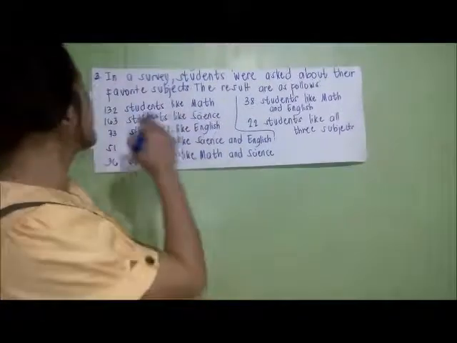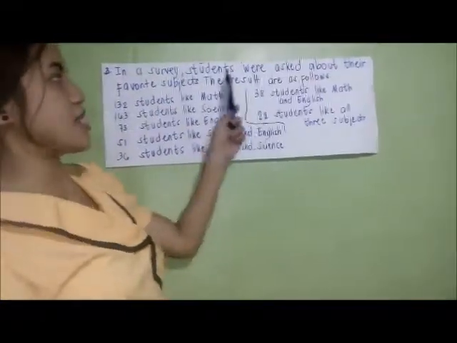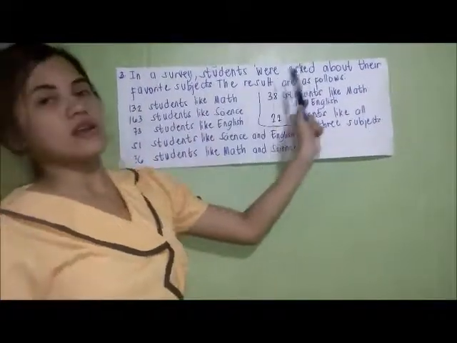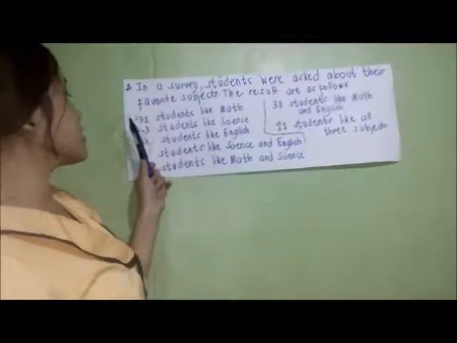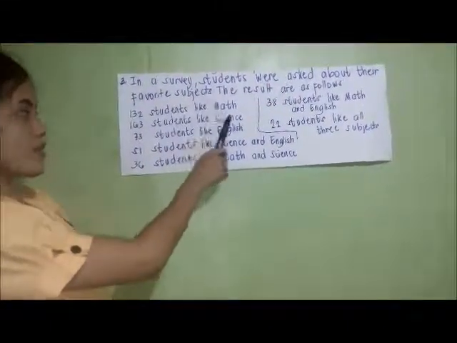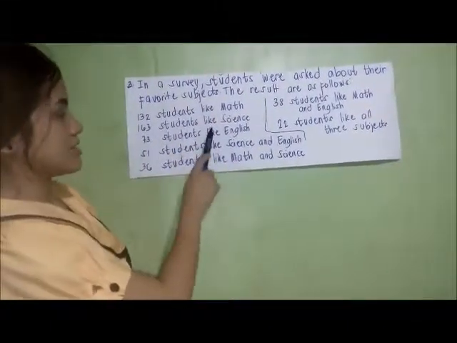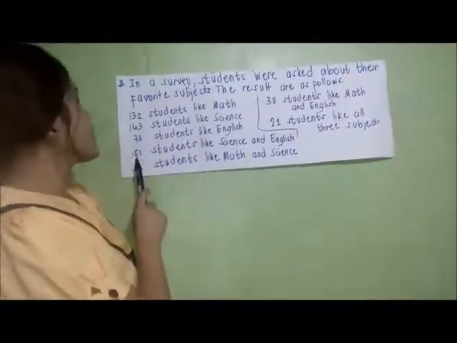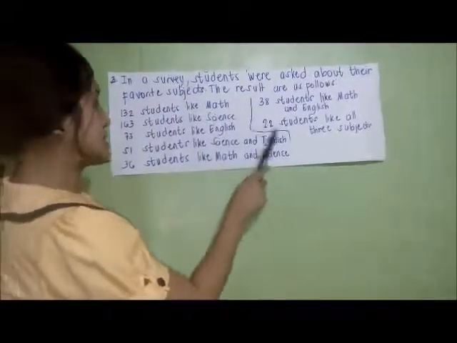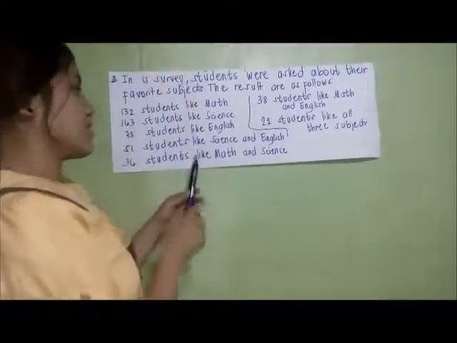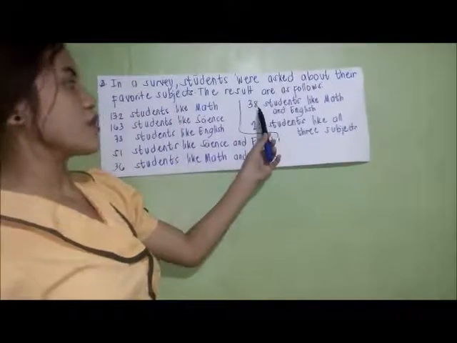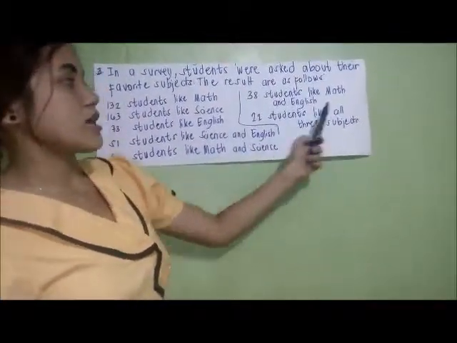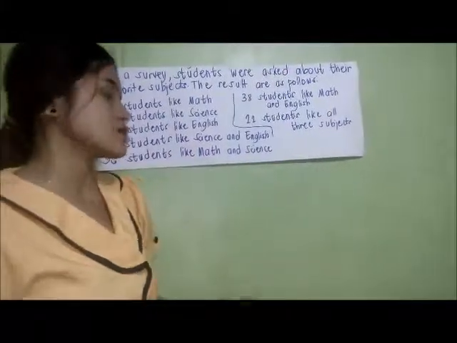Second example. In a survey, students were asked about their favorite subjects. The results are as follows. 132 students like math, 163 students like science, 73 students like English, 51 students like science and English, 36 students like math and science, 38 students like math and English, and 22 students like all three subjects.